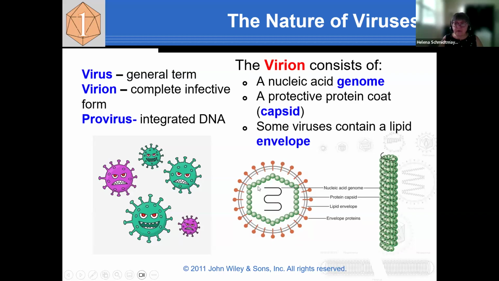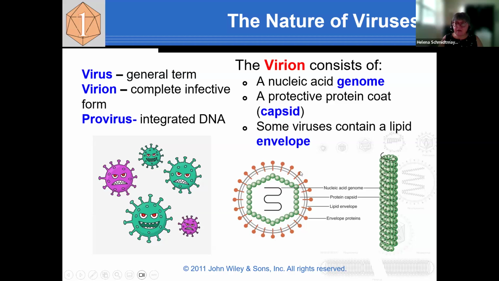However, some viruses also have a viral envelope. Even though we call it a viral envelope, it is derived from the host cell. When the virus buds and exits the cell, it takes part of the cellular membrane and forms a viral envelope.